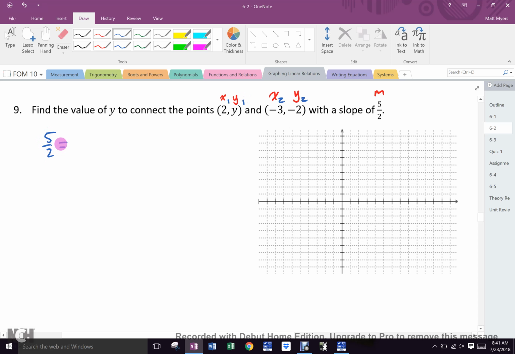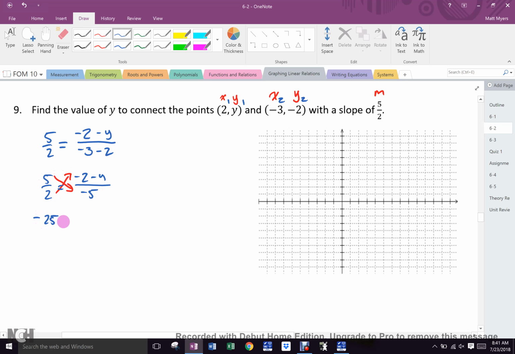5 over 2 equals negative 2 minus y over negative 3 minus 2. Set it up. Negative 3 minus 2 is negative 5. 5 times, then cross.